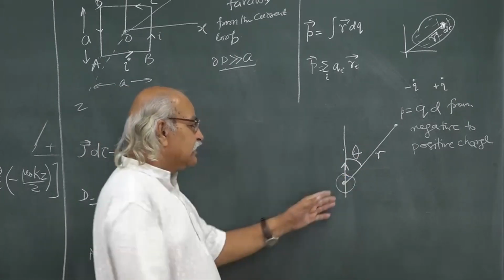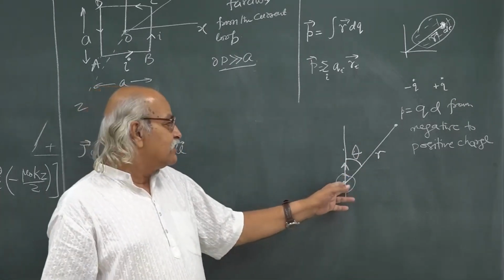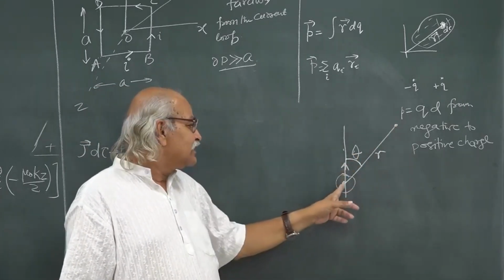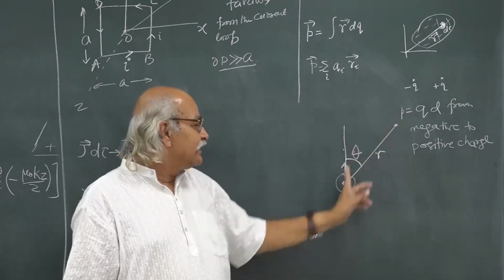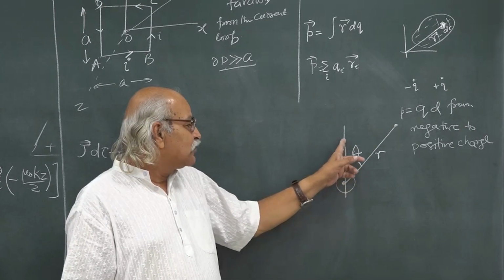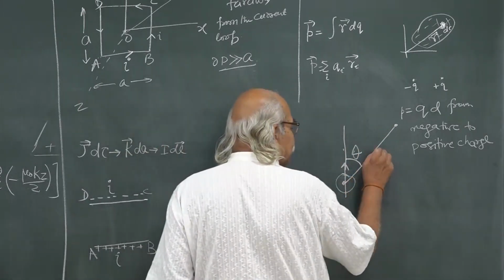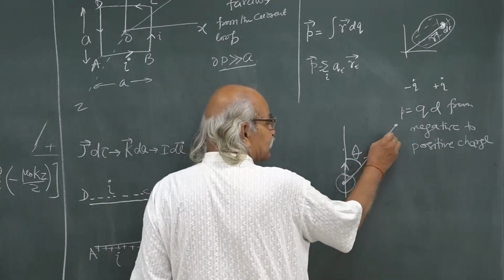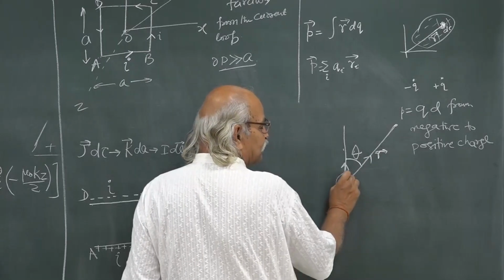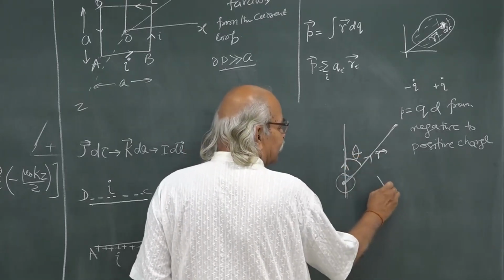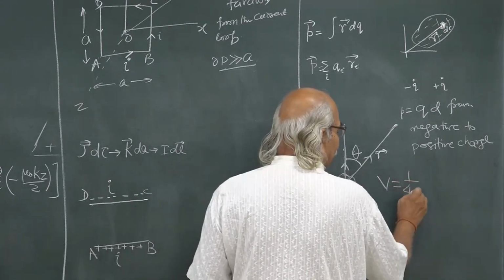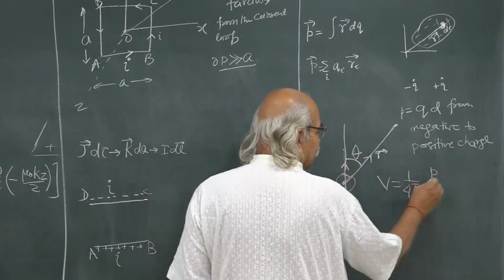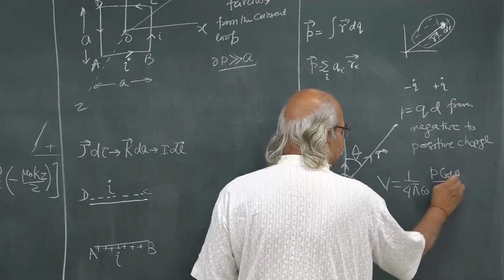The dipole is here, and then the field point where the potential is needed is here, and then this is vector r, and this is the direction of dipole moment. So, the angle between this position vector r of the point where the field is needed and the direction of dipole moment, that angle is theta, and then V is given by 1 by 4 pi epsilon naught and P, magnitude P, and then cos theta and divided by r square.